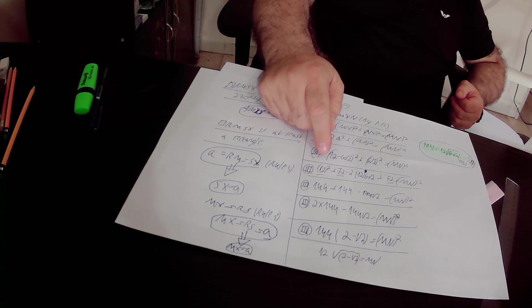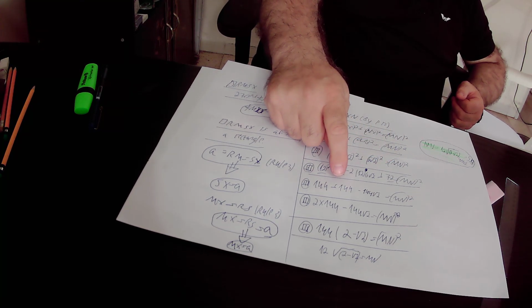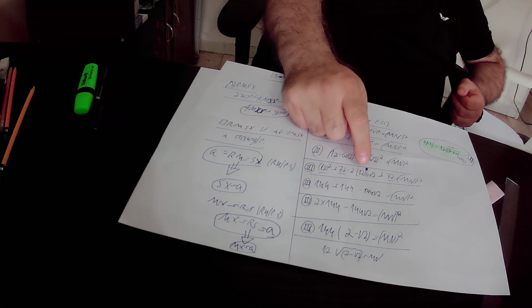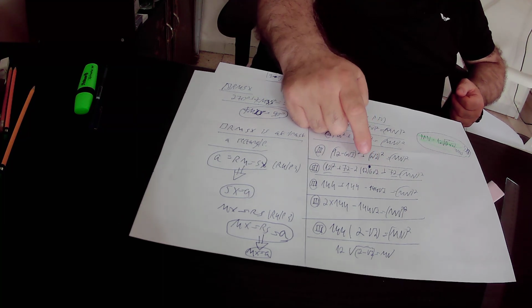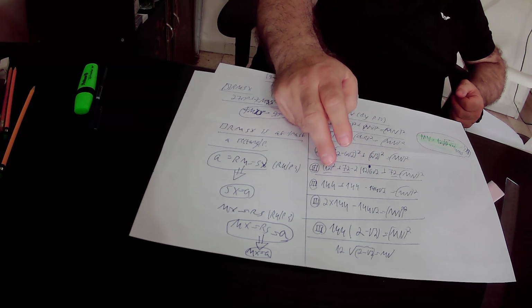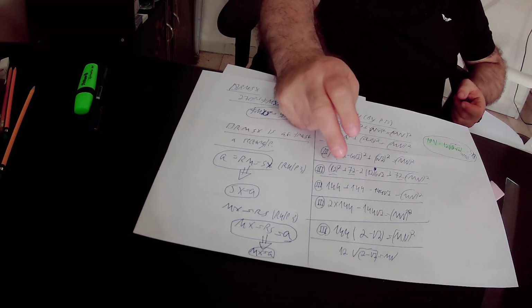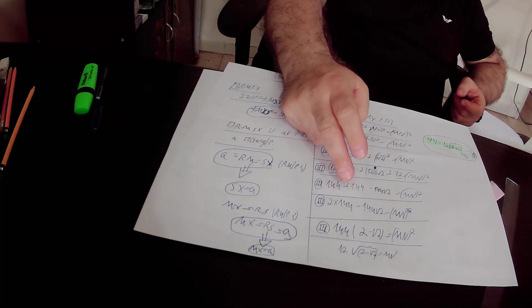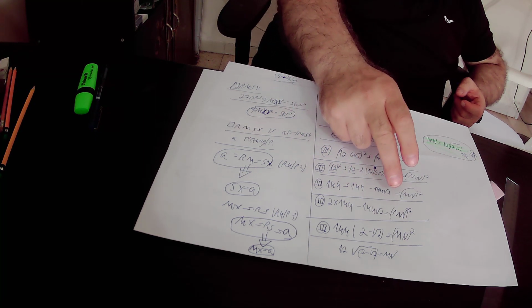Here we have 12 squared is 144, and 72 plus 72 is also 144, and we have also minus 2 times 6 is minus 12, minus 12 times 12 is minus 144, and we also have to multiply it by square root of 2, because here we have square root of 2. So in conclusion, we found that 144 plus 144 minus 144 times square root of 2 equals MN squared. 144 plus 144 is 2 times 144, and we have also minus 144 times square root of 2, that equals MN squared.